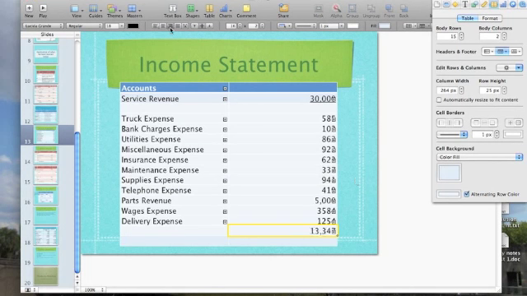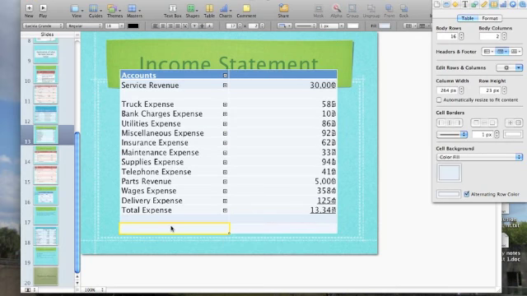You want it on the left hand side. Total expense. You also want to put a line underneath each part. Last of all is the net income.